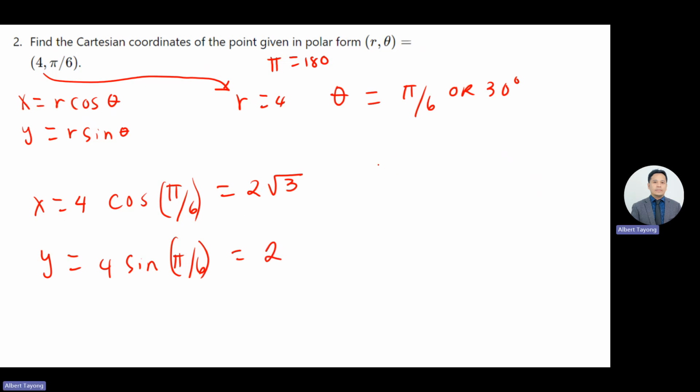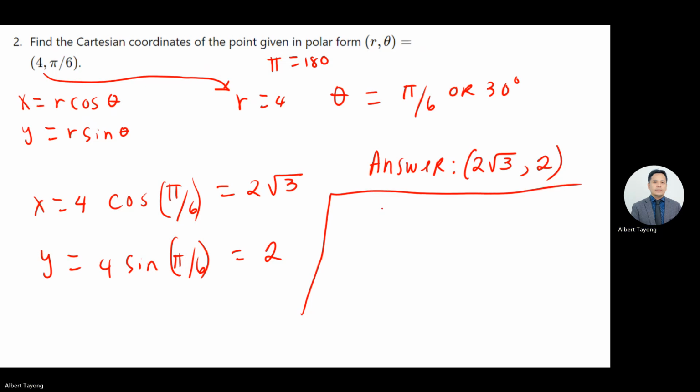So our answer here is 2 times the square root of 3, comma 2. Now you can check this one, of course. Yeah, you can check your answer using the distance formula. Now our r is equal to 4.